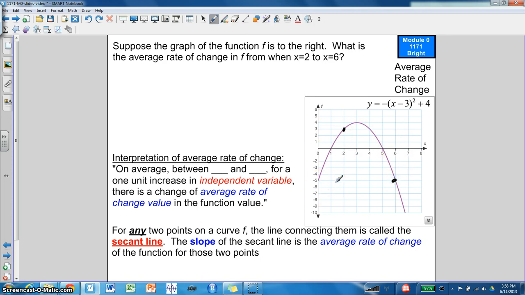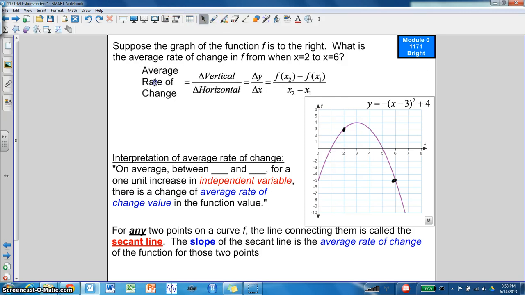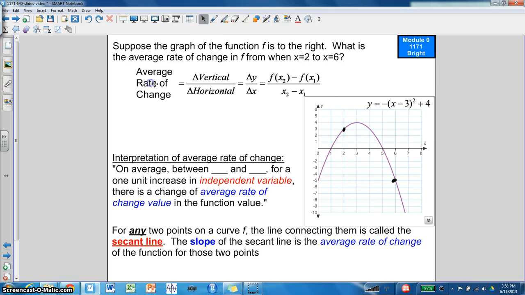Average means that I need to take the average of the components, so a formula for the average rate of change is the vertical change over the horizontal change, or delta y over delta x.